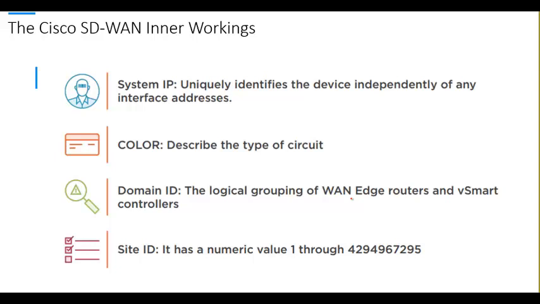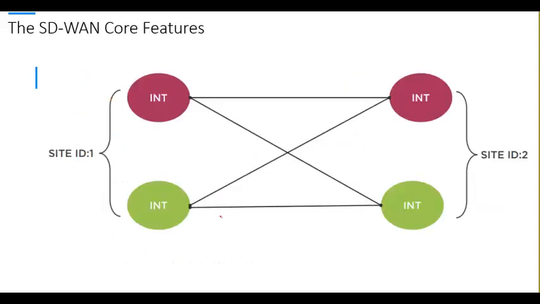So the system ID is not going to identify the circuit. It is simply going to help you identify a site, but not the transport between the sites, not the circuit between the sites. The circuits, the different transports that we have, are associated with the color. See, we have different colors.